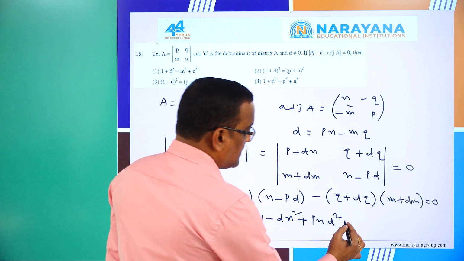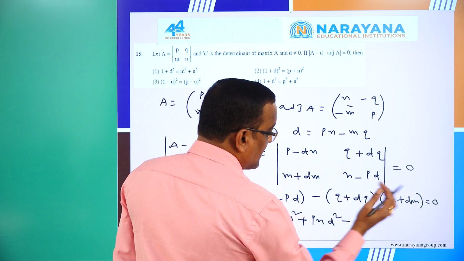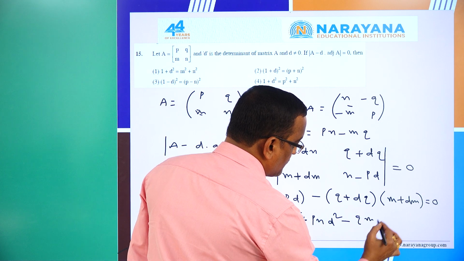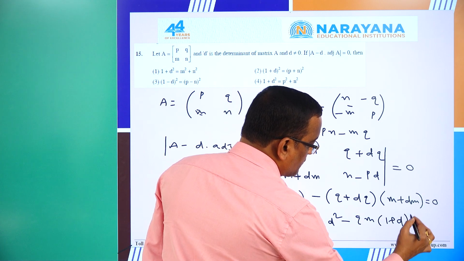Minus, here take Q common, here M common, Qm into 1 plus D whole square.